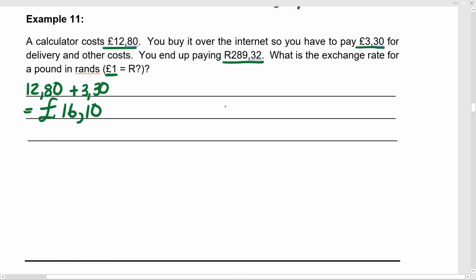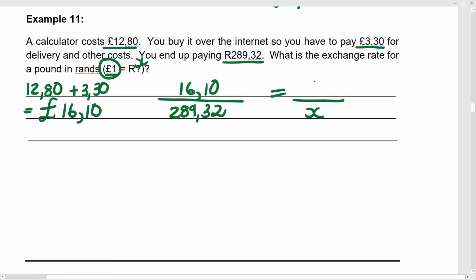So I'm going to actually carry on cross multiplying. I'm going to put the pounds at the top, the rands at the bottom. But now what do they ask for? They want to know £1 equals how many rands. My X is going to be here and it's going to be with the rands. And they've told me they want £1 over there.